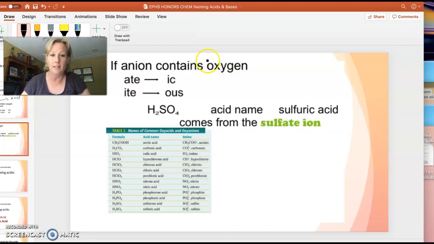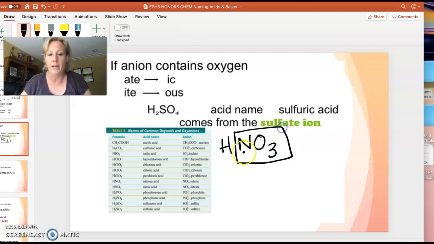If the anion does contain oxygen, for example, this one, it's an acid. It has a polyatomic ion now because it has that oxygen. The polyatomic ion here is nitrate, and then what happens is we change the ending of the acid. If the polyatomic ion ends in ate, then it becomes ic.